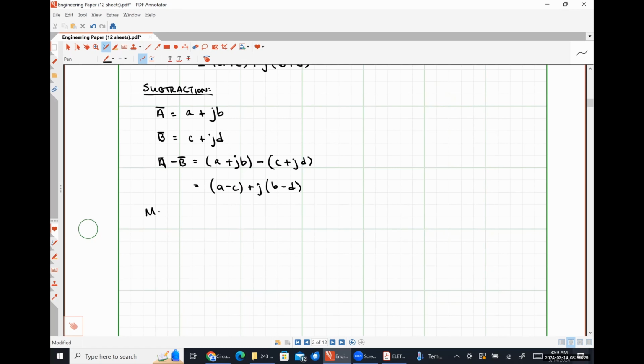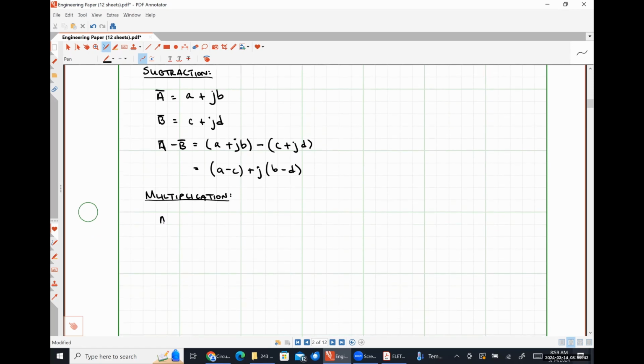Now let's look at multiplication, which will be a little bit more complicated. Using those same exact complex numbers again.